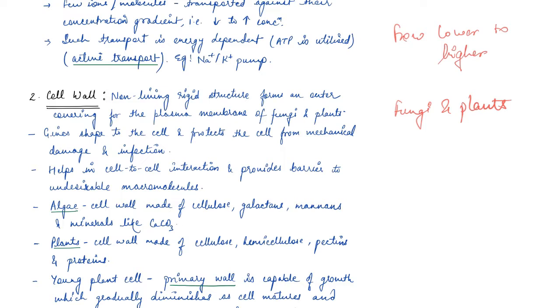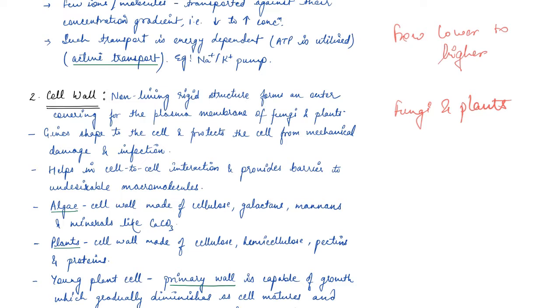Now it also helps in cell to cell interaction, and it provides a barrier to any kind of undesirable macromolecules, right? So it serves the purpose of a barrier as well in case of undesirable macromolecules.